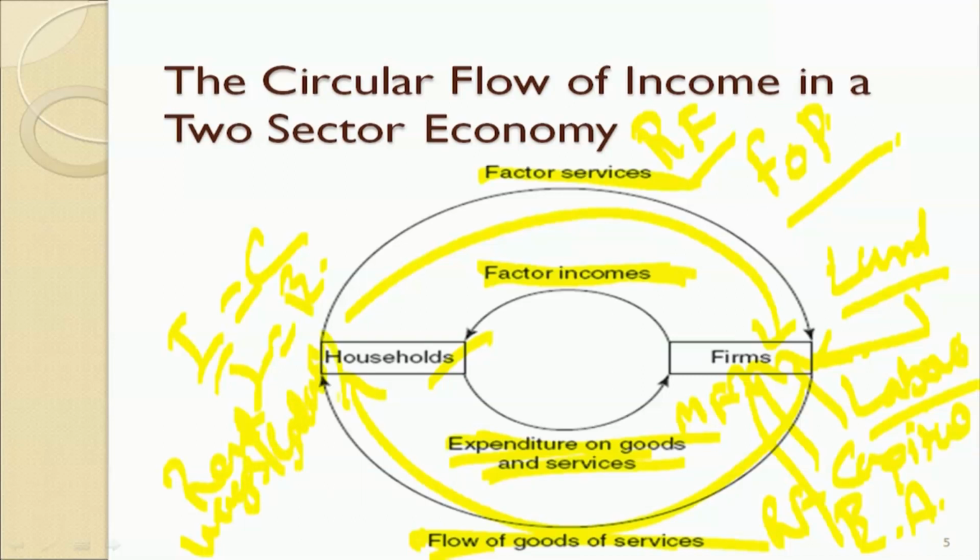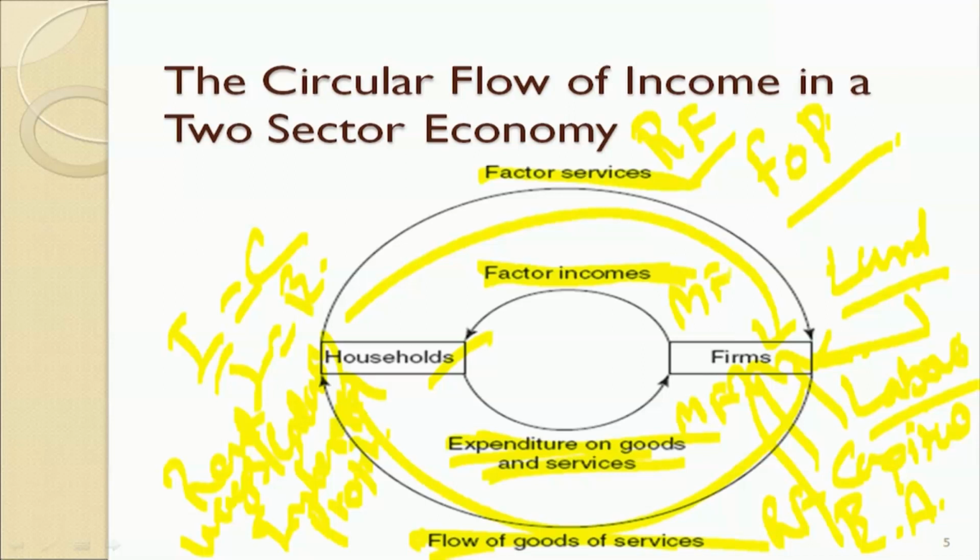In terms of using capital given by the household, they are giving interest. In terms of using the entrepreneurial ability of the household, they are giving profit. So, these are the money flow in terms of factor income that we are receiving.